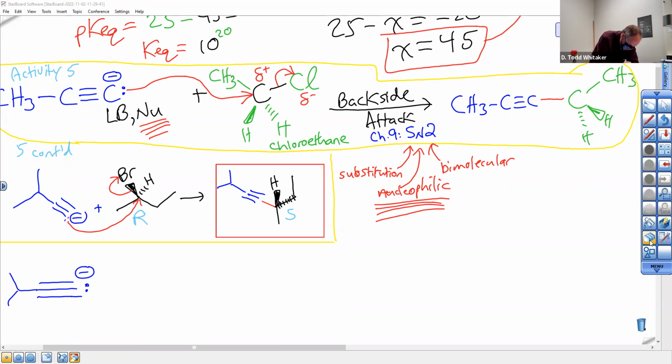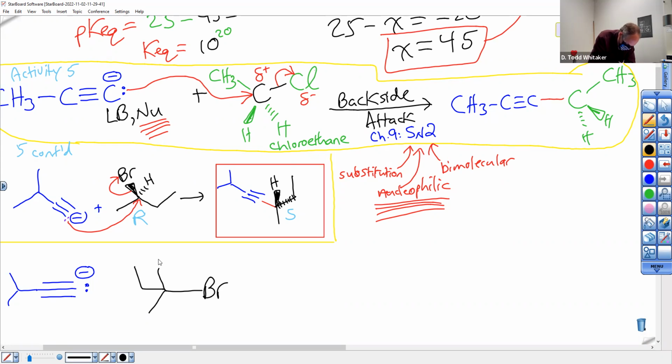Alkyne's just a little bit on the long side. There you go. And my bromide, I'm going to make sure the bond to bromine is here. I'm going to put my methyl here, ethyl here, and H here. And if it's supposed to be R to start with, I like it. Yeah, that's going to be it.